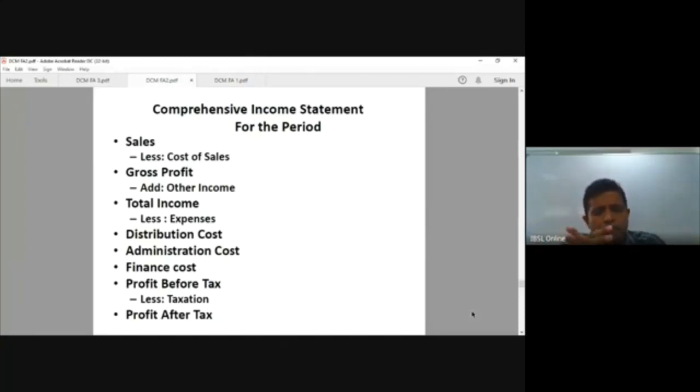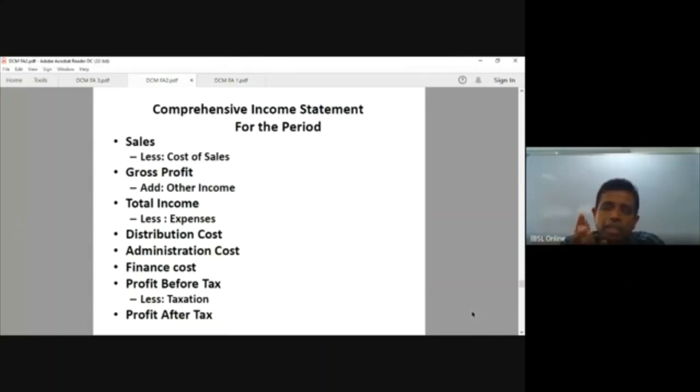Normal nature business income and expenses will come to the income statement. If it is a capital nature income or expense, or gain or loss, it will go to the other comprehensive income, right?